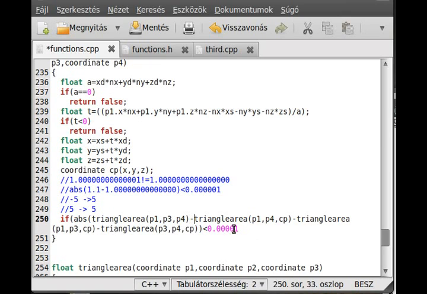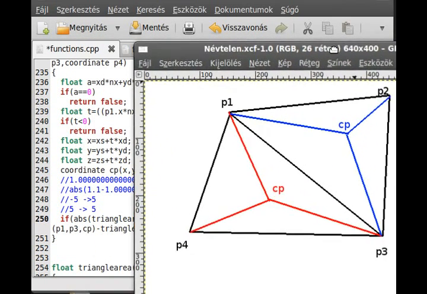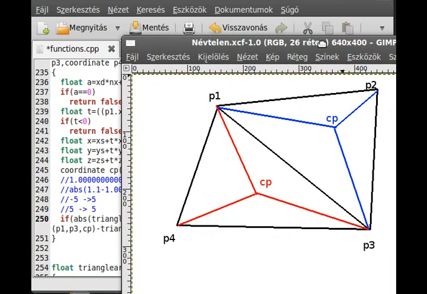Then now we need an OR, because we have two triangles, and it does not matter whether the collision point is in this triangle or in this triangle, because they are the same quad.